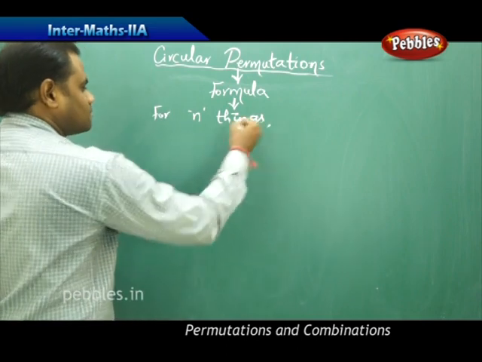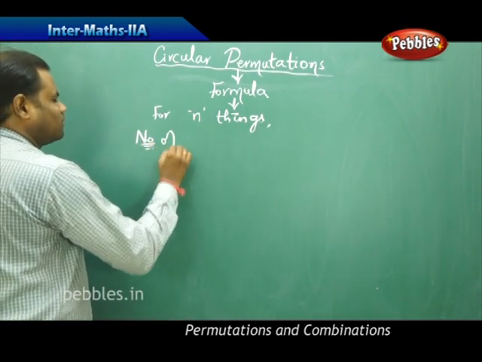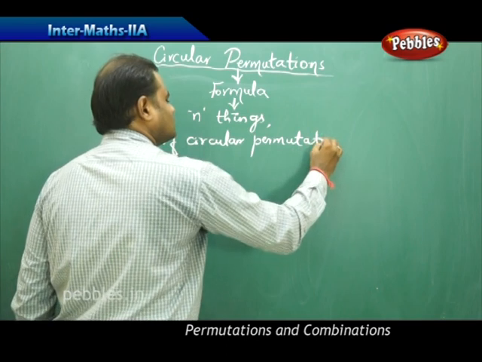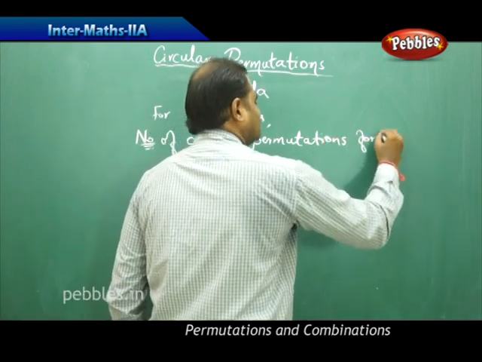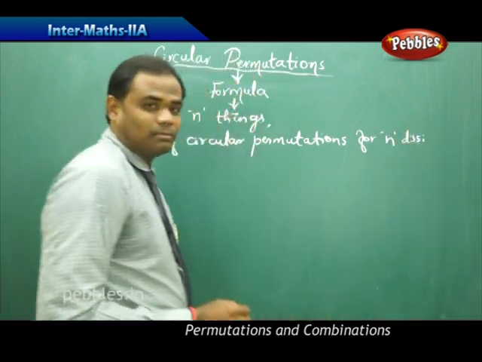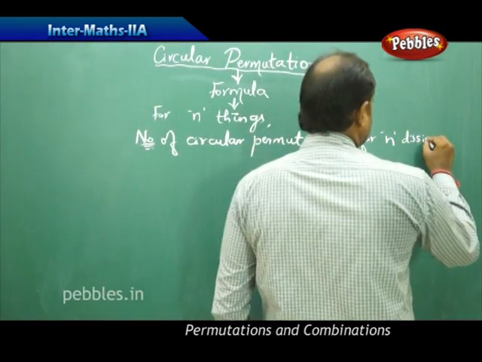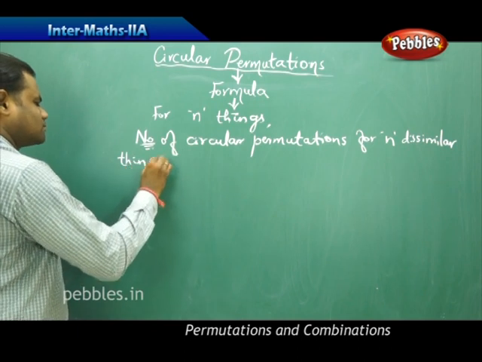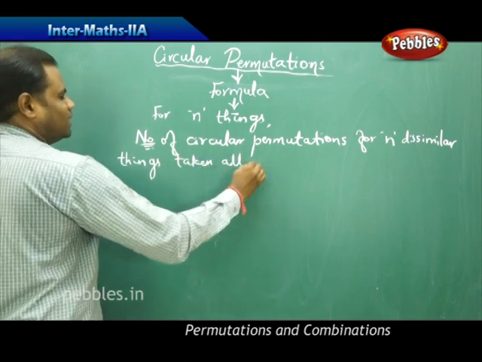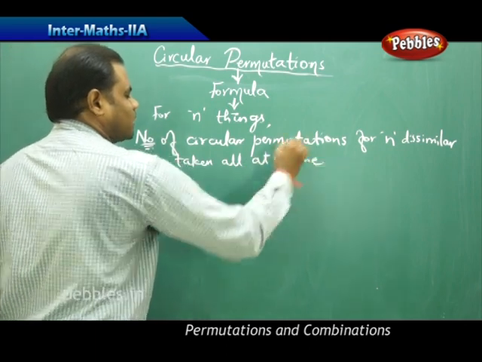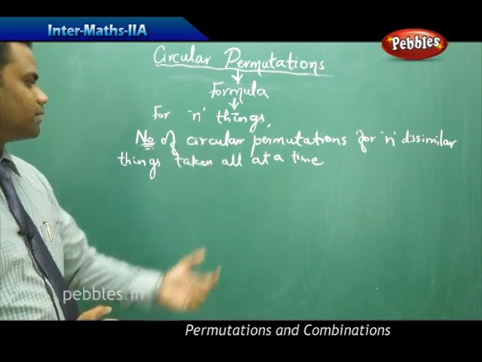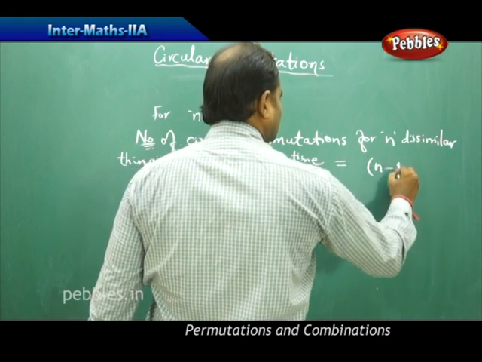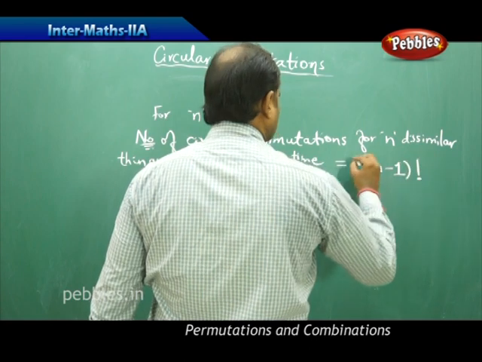So for these n things, the number of circular permutations for n dissimilar things, because I don't take them as common but each of them is distinct, taken all at a time, because this is important, I don't neglect even one of the n things, is given by the formula n minus 1 factorial.